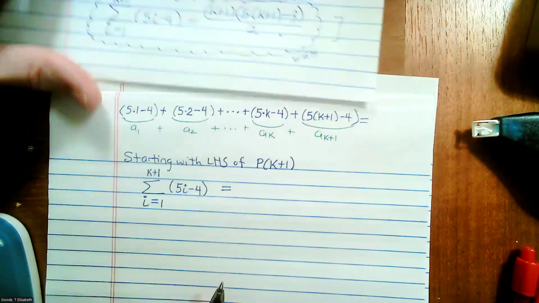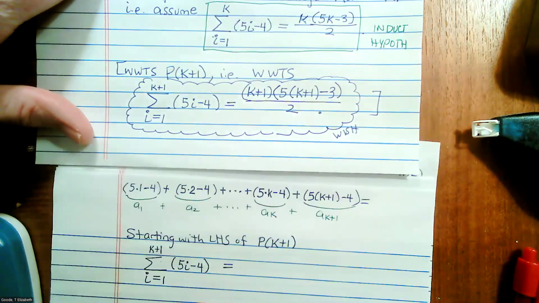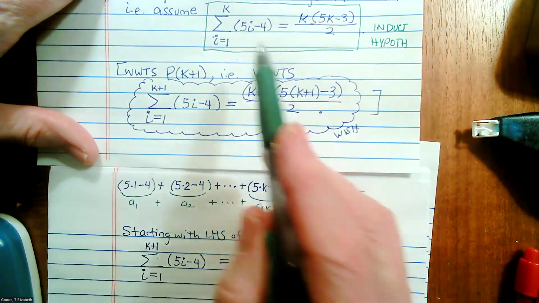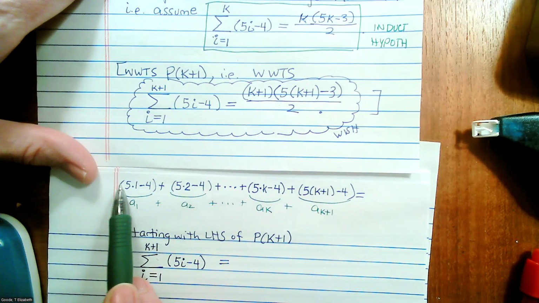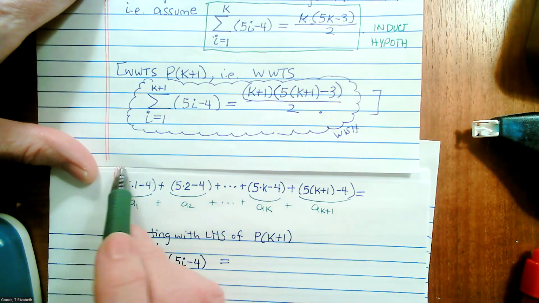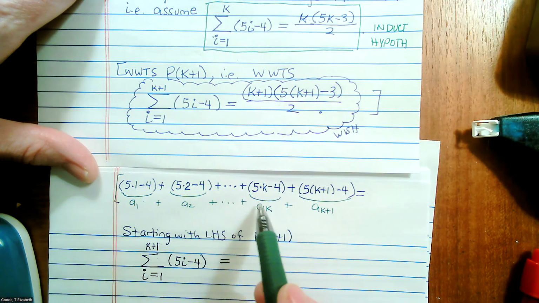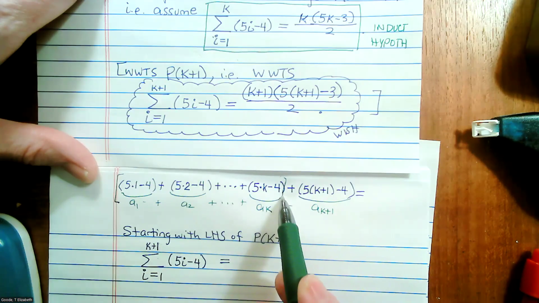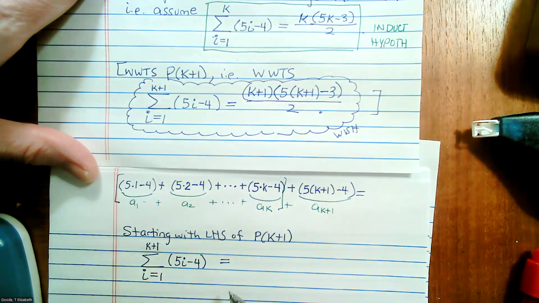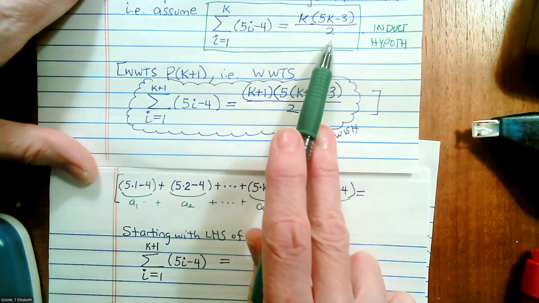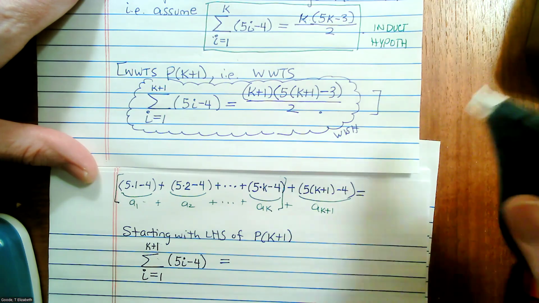Okay, so the bottom line is we have information about the sum from i equals 1 to k of 5i minus 4. We have information about a1 plus a2 plus up to ak. We know something about that sum. We know it's equal to that by our inductive hypothesis.